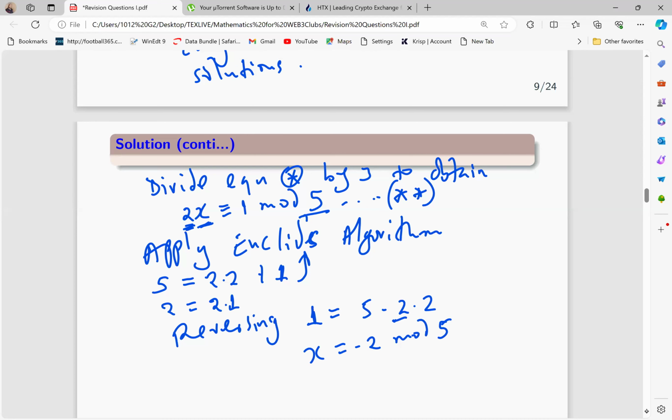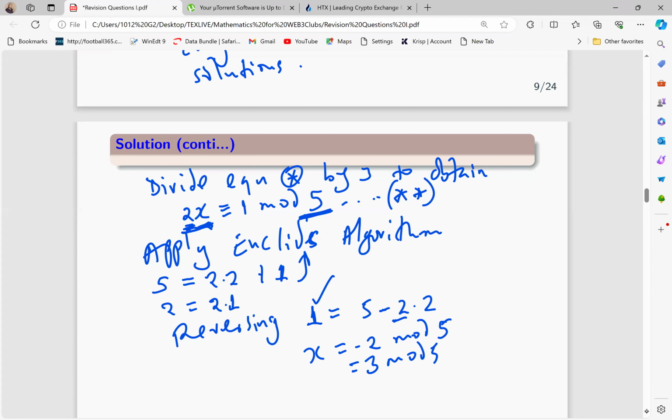Is that okay? It's saying that x is negative 2 from here. Because what am I seeing here? I'm seeing 2 multiplied by negative 2 gives me 1. That's what I wanted: a number which, when multiplied by 2, gives you 1. That number is negative 2. Mod 5 it is the same as 3. Negative 2 is the same as 3.